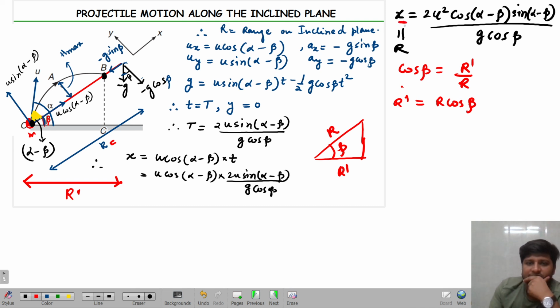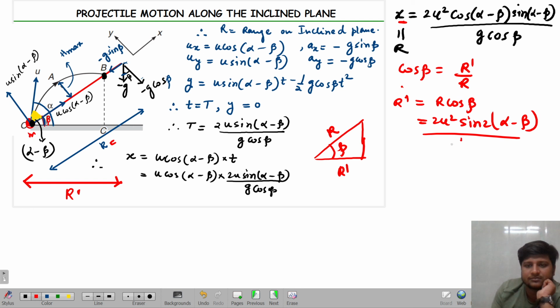One thing is there. Okay. So with respect to inclined plane, this is going to be how much? Simple. r cos beta, and that is equal to how much? 2u square sin 2(alpha minus beta) divided by g. So this is the value of r prime when you consider these particular values.